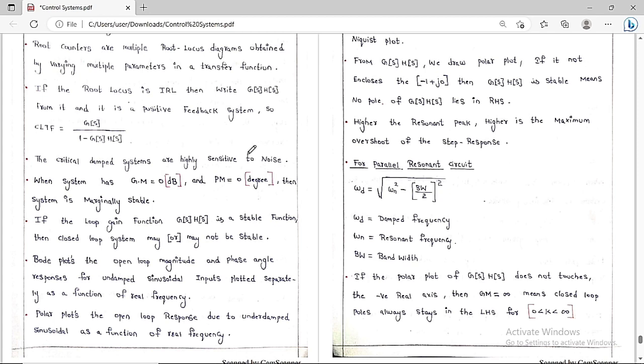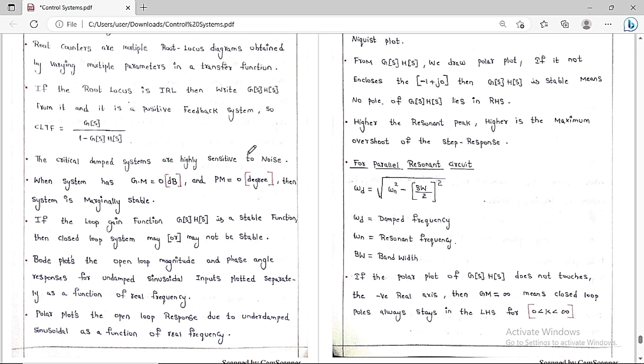Even a small amount of noise can make the system either an overdamped system or an underdamped system. If you give a small amount of noise to these critically damped systems, they can become either overdamped or underdamped systems.